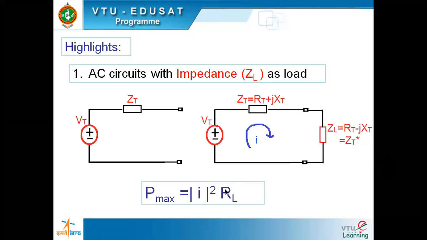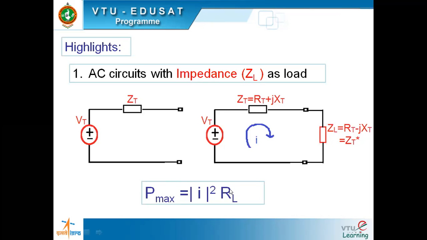Though the load is an impedance, the power has to be in terms of RL only. Everybody understand this point. The power has to be in terms of RL only. That means the power can never be a complex entity. Power can never be a complex entity.